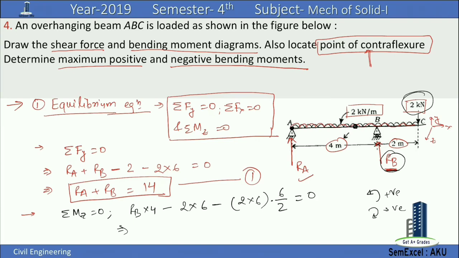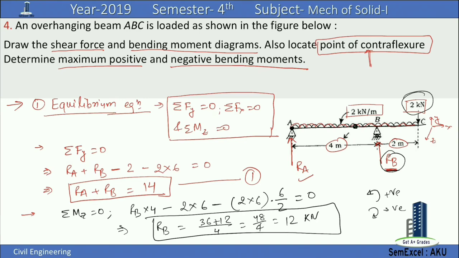Here we will get RB is equal to (36 minus 12) by 4, so 48 by 4, 12 kilonewton. We know RB is 12 kilonewton. We put RB in equation 1 and we will get RA equal to 2 kilonewton. So till now we have calculated RA is equal to 2 kilonewton and RB is equal to 12 kilonewton.